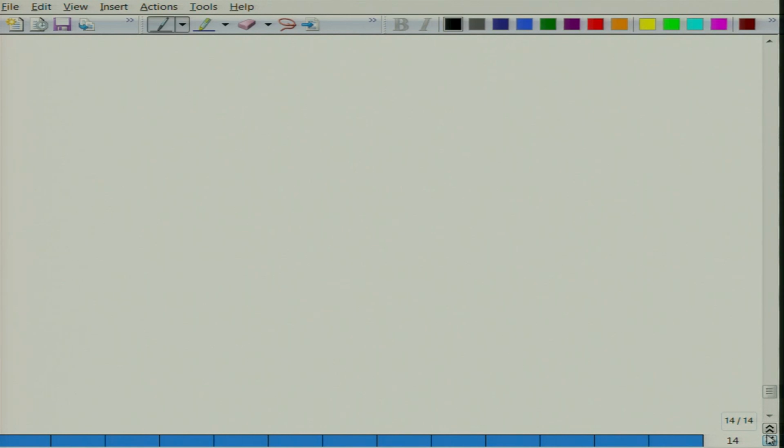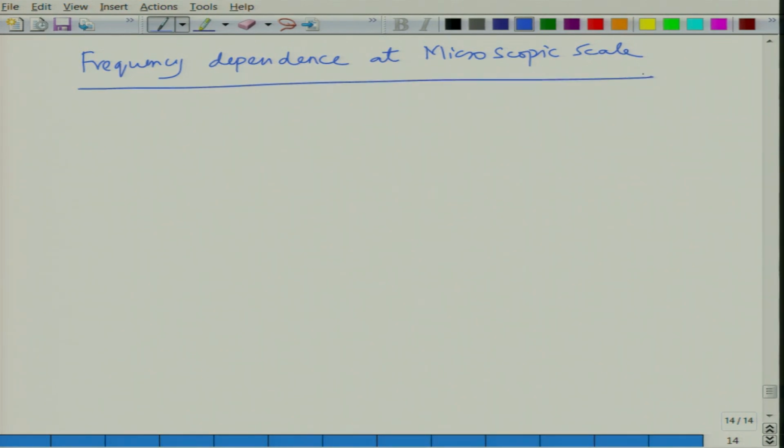Now, what we will look at is the frequency dependence at the microscopic scale. We saw that earlier your dielectric constant varies like this.